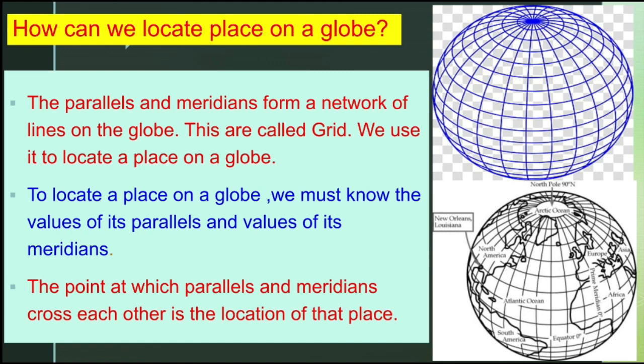So these are some of the places which give us the location. We can get the actual location of a place with the help of parallels and meridians. So to locate a place we require both parallels and meridians. If we do not have one of them, we cannot locate a place.